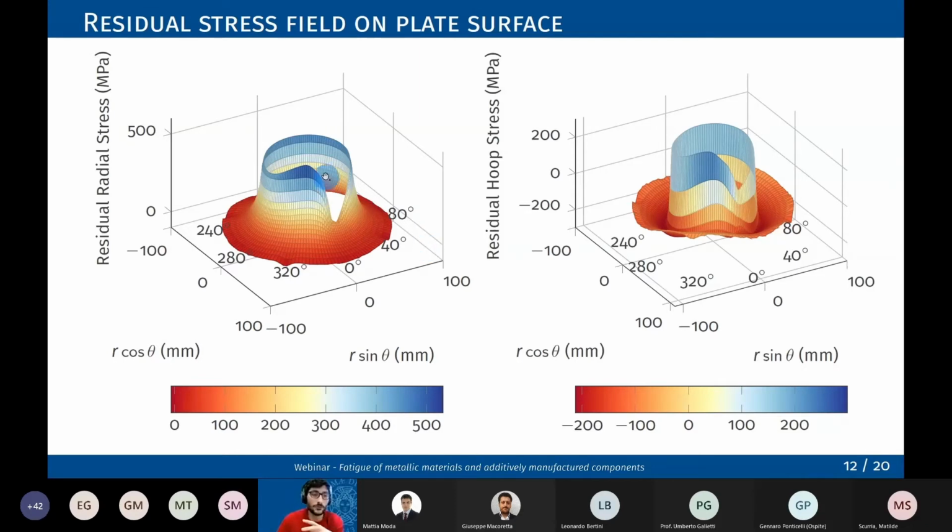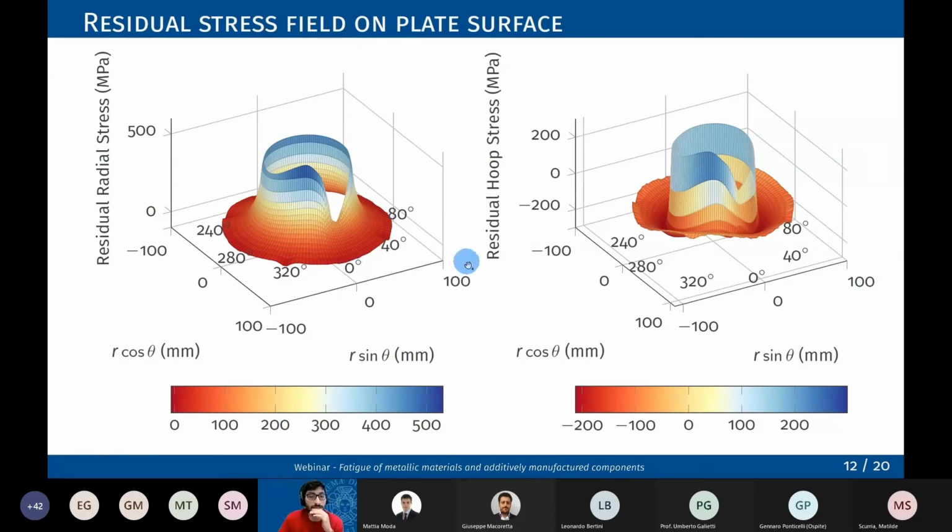In both cases, it is clearly visible that in this area, the region close to 0 degrees, which refers to the run-in, run-out point, there is a really high variation in results, both for radial and hoop stresses, while farther away, between 60 degrees and 300 degrees, we have almost constant, almost axis-symmetric behavior of residual stresses.